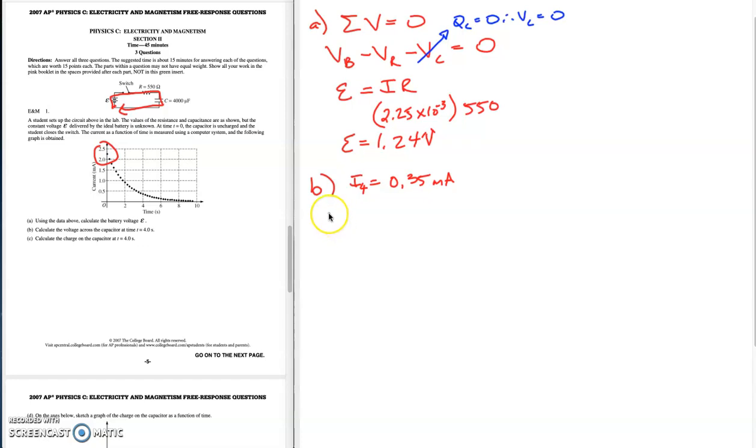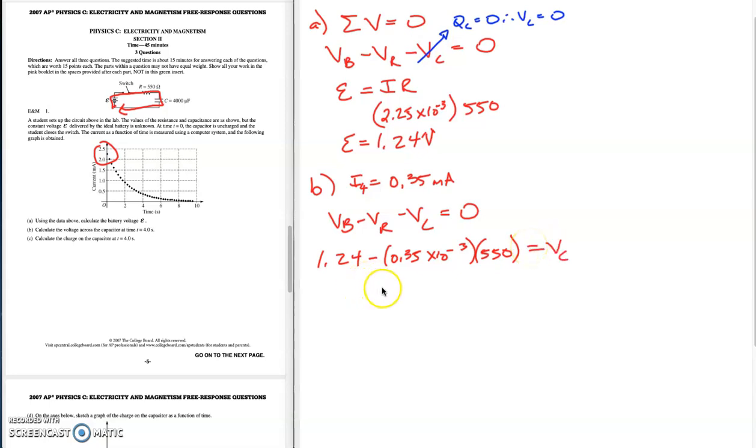And we're going to use the same equation that I used up at the top there. We're going to have voltage of the battery minus voltage of the resistor minus voltage of the capacitor equals 0. And again, we're going to substitute in 0.35 milliamps for the current, but this time we're not going to have 0 for the voltage of the capacitor. So we're going to have 1.24 volts for the battery, minus 0.35 times 10 to the minus third amps times 550 ohms, and that's going to be equal to the voltage across the capacitor.